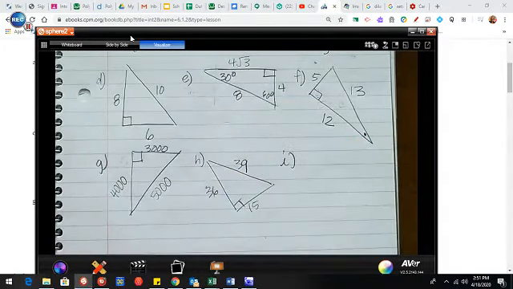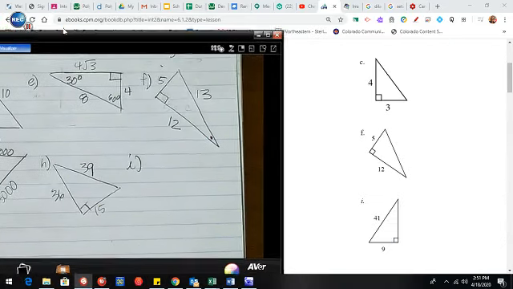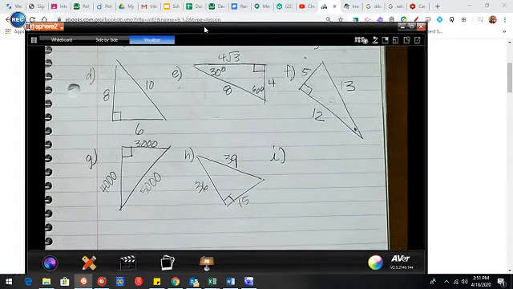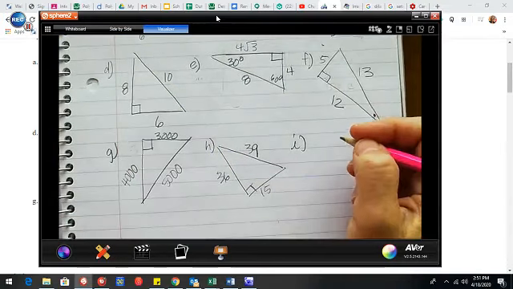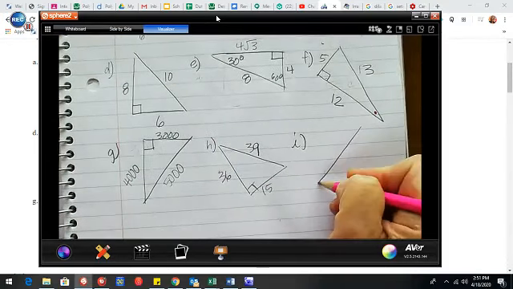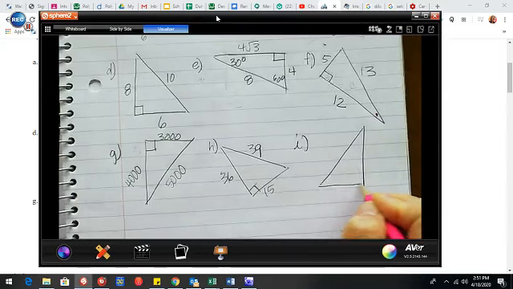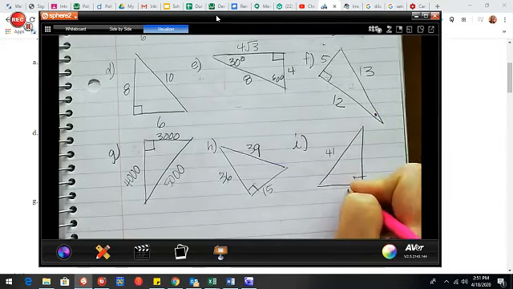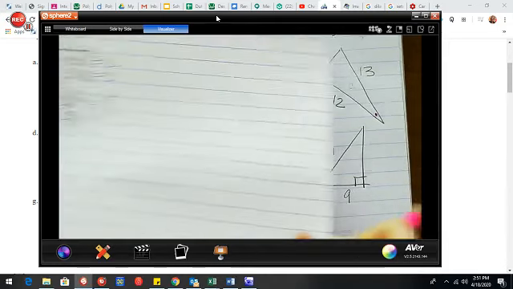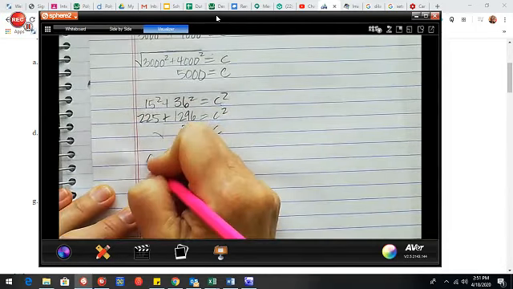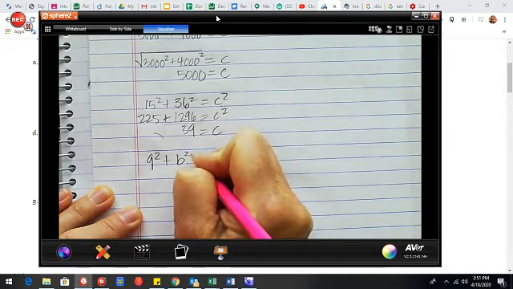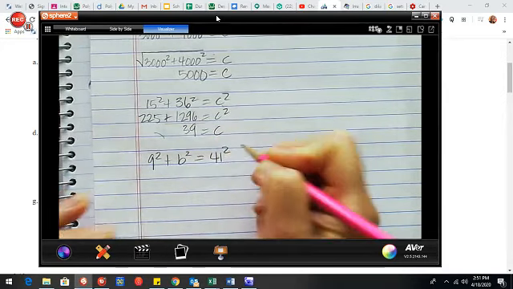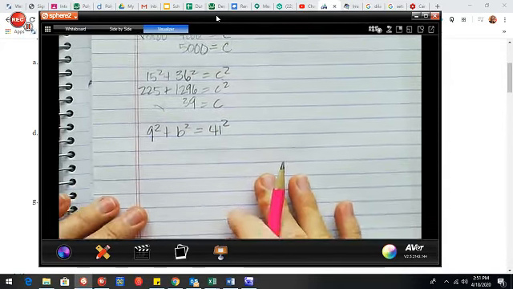Okay, and then we have a hypotenuse of 41. Okay, so I'm going to set this one up. 9 squared plus b squared equals 41 squared. Remember, c is always your hypotenuse.